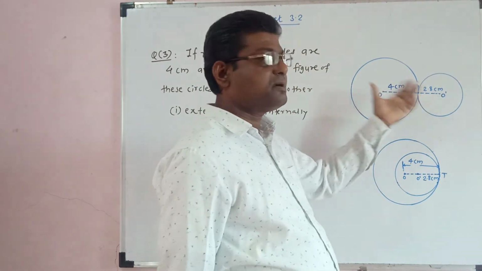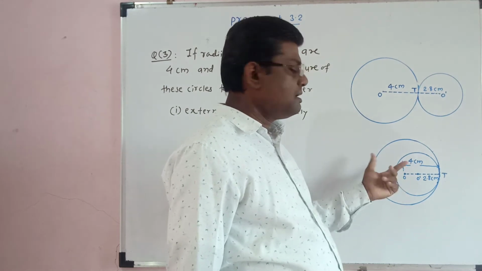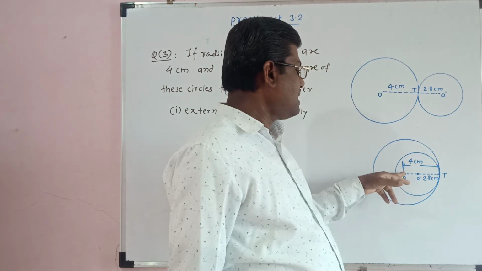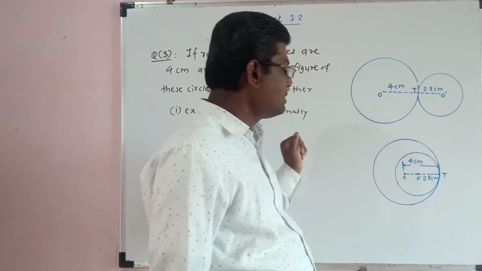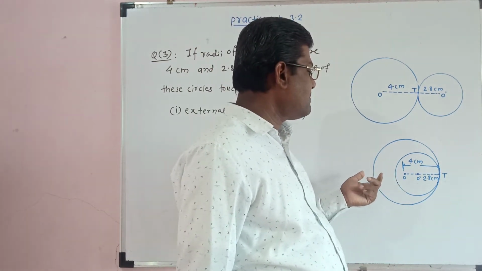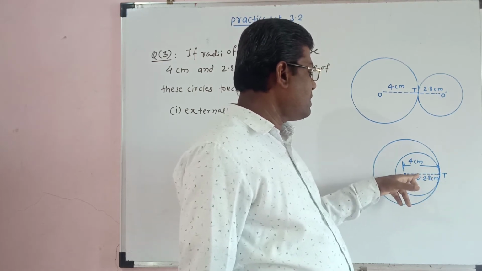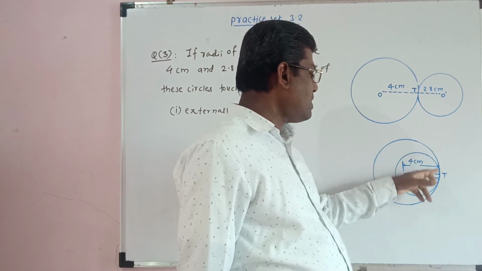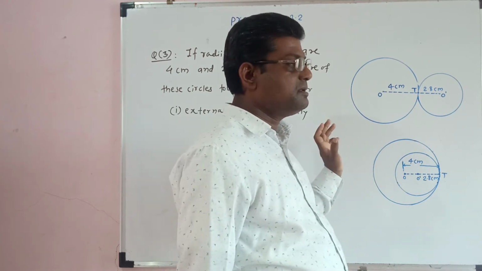These are externally touching circles. Now internally touching circles. Take 4 centimeter distance in a compass and draw the circle of radius 4 centimeter with center O. Now take the distance 2.8 centimeter in a compass and from point T take O dash at 2.8 centimeter. From O dash draw another circle, that is, internally touching circles.